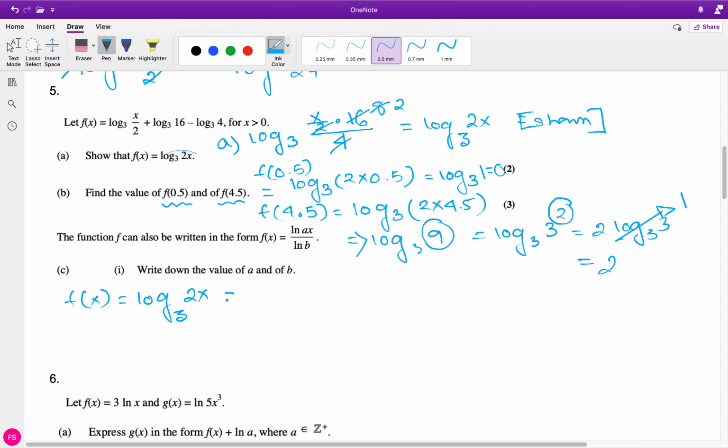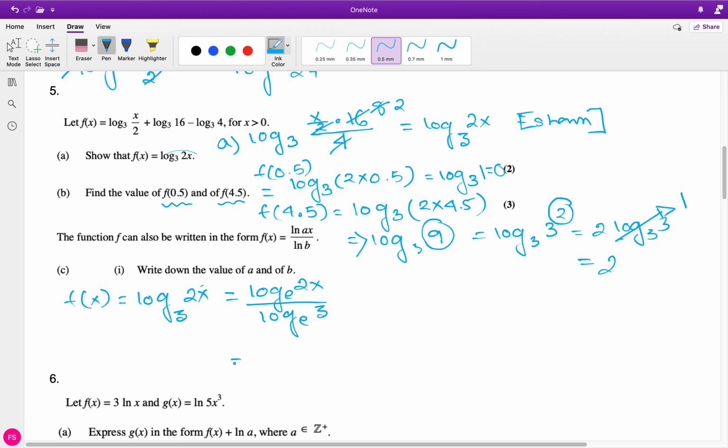According to the change of base formula, if you want to change the base to something, what you do is you write this equals to log 2x divided by log of the base 3, and then you can change this base into anything that you want to. Because I want to write it in terms of ln, I'm going to make the base e.